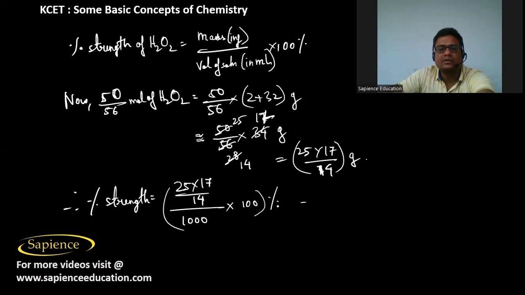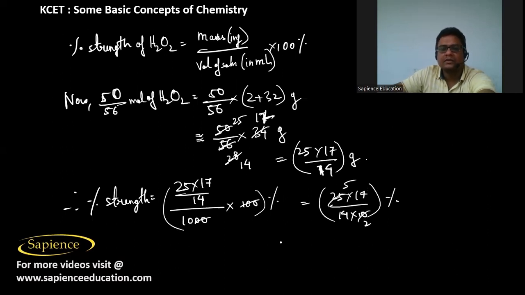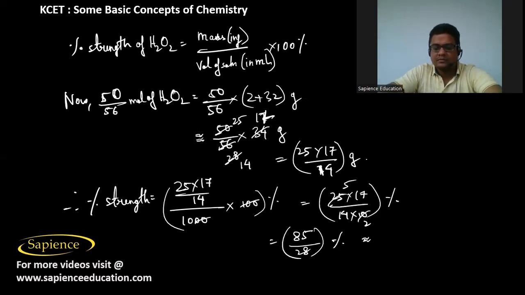So that will be equal to 25 into 17 by 14 into 10 percent, which is 85 by 28 percent.